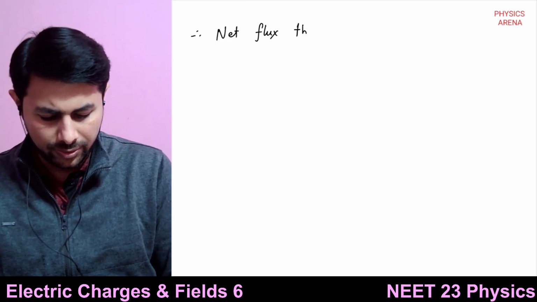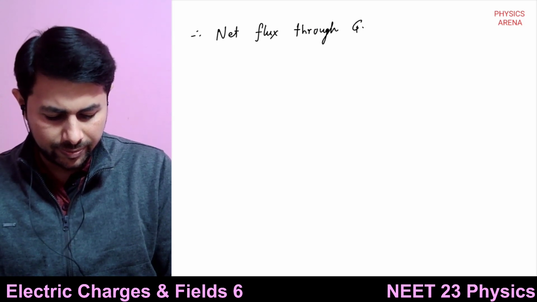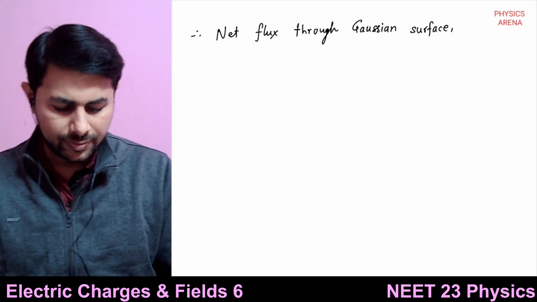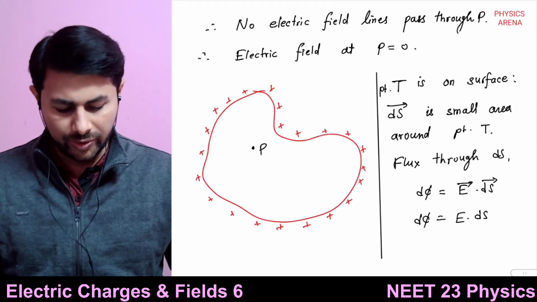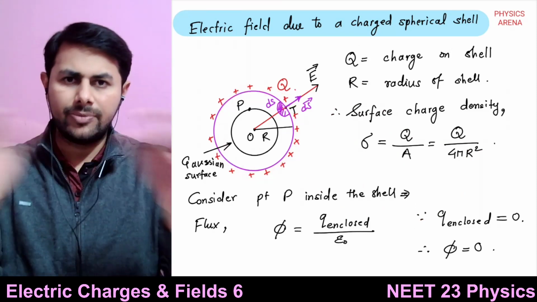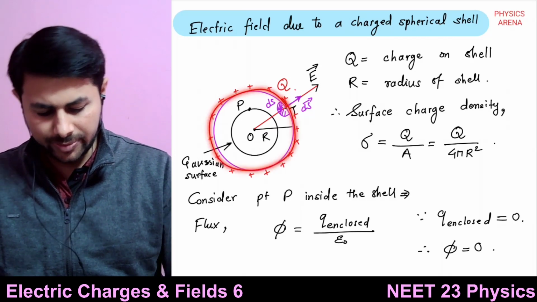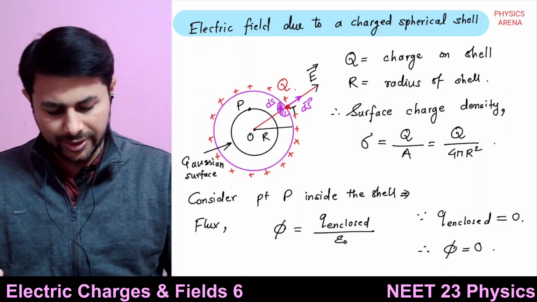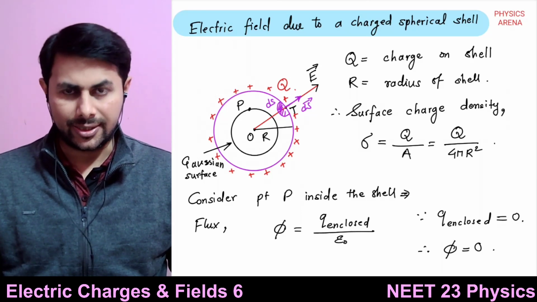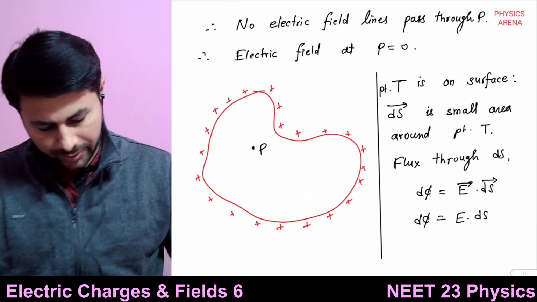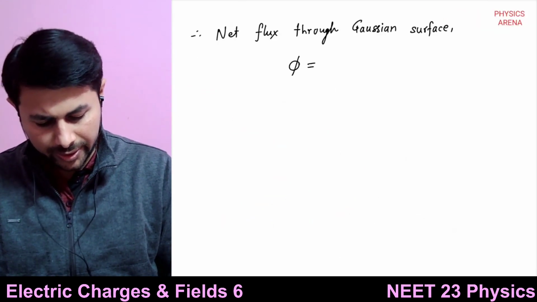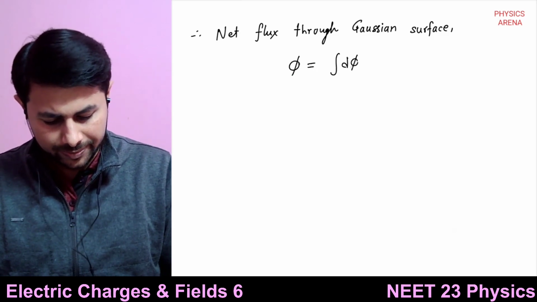And therefore we can say net flux through the Gaussian surface passing through point T. What will be the Gaussian surface passing through point T? It is another sphere which overlaps with this spherical shell, right? Because point T is on the spherical shell itself. So flux is equal to the integral of d phi.